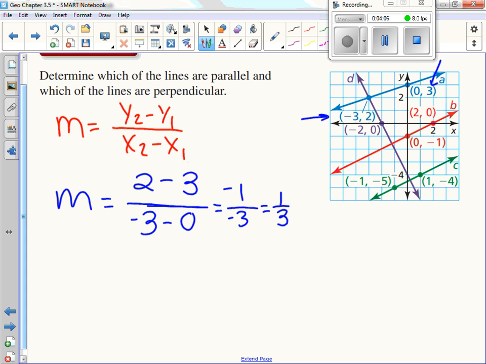Yes? So line A, m equals 1/3. I'm going to make a note of it, so we have this is the slope. Okay, let's do it again, because we have to find the slope of all 4 lines.